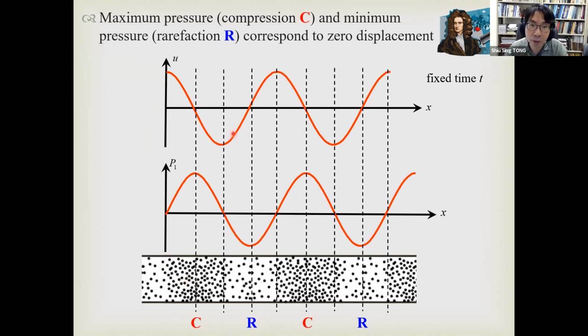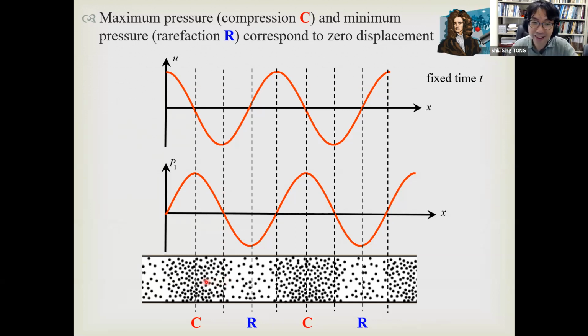Similarly, at this position, with the minimum u, the largest negative value of u, the particle has a displacement in the negative x direction with maximum amplitude. So the particle here will move to the left by the maximum amount.